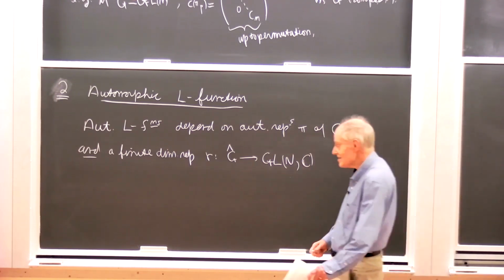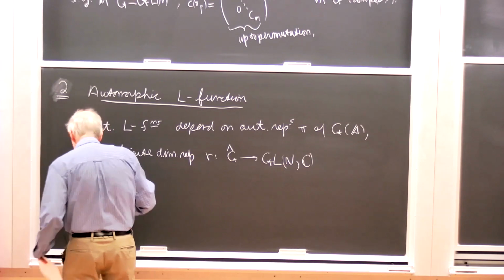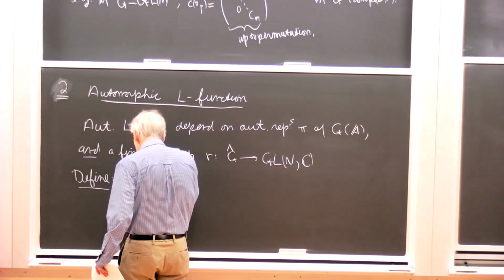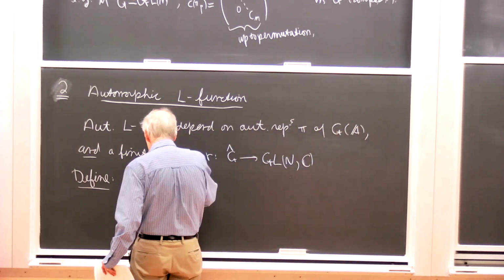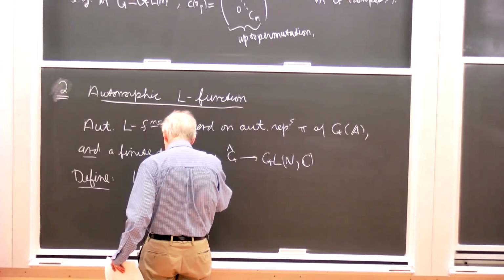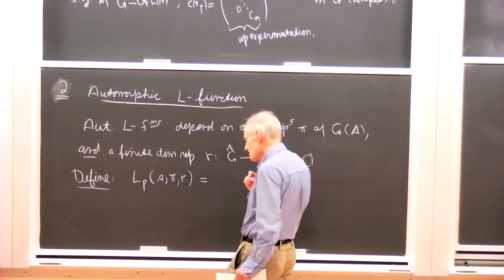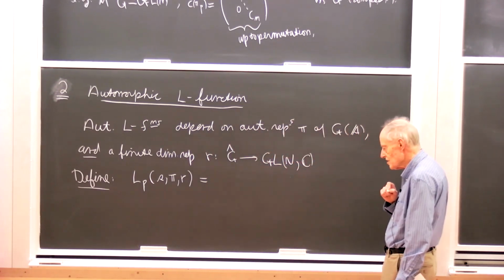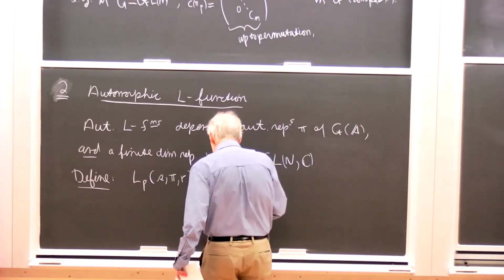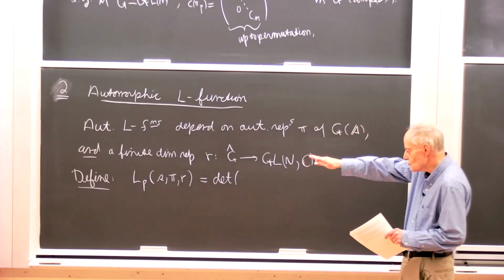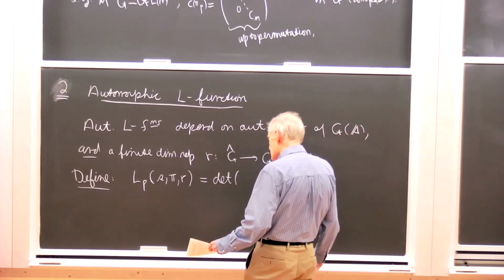And with that understanding, we define, or Langlands defined, the automorphic L function, whose local constituent at p of s depends on pi, and it will also depend on the finite dimensional representation R. It is simply defined exactly the way it was defined for an Artin L function, namely the inverse of the characteristic polynomial of what you can construct from these objects, but evaluated at p to the minus s.